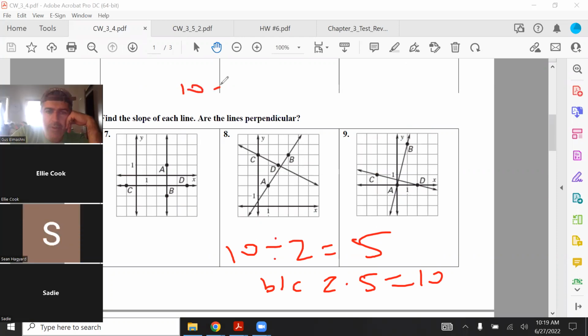What if I have 10 divided by 0? I don't know. It's like, 0 times a number is equal to 10. That's impossible, right? What am I going to multiply 0 by to get to 10? I get nothing. 0 is nothing, right? The way you learn multiplication is like, 2 times 3 is 6.